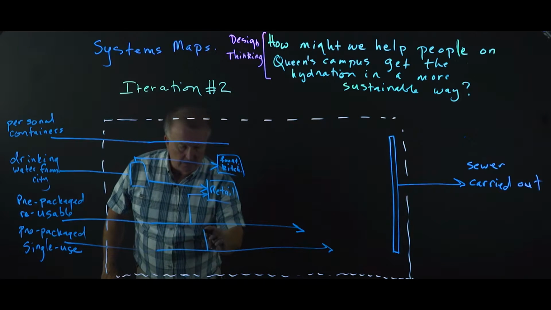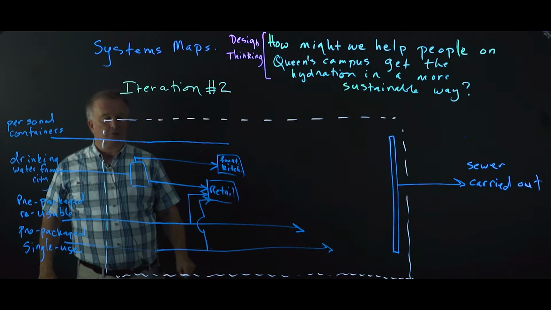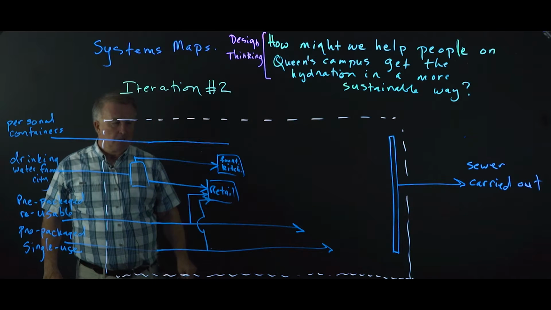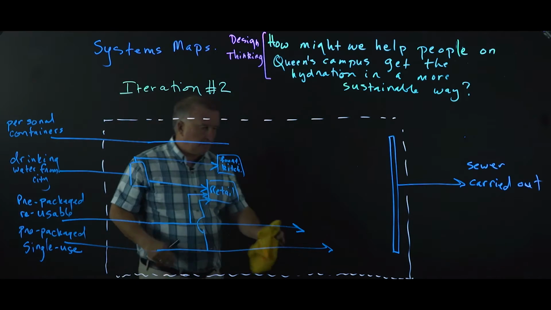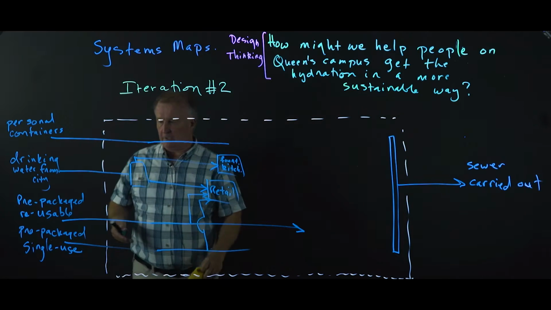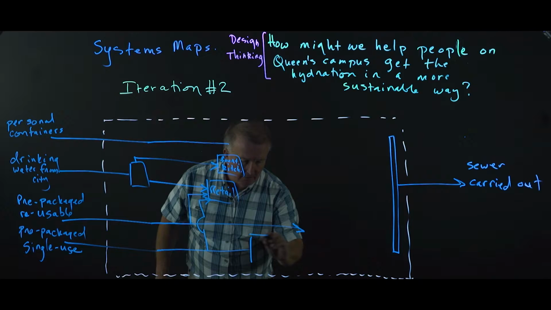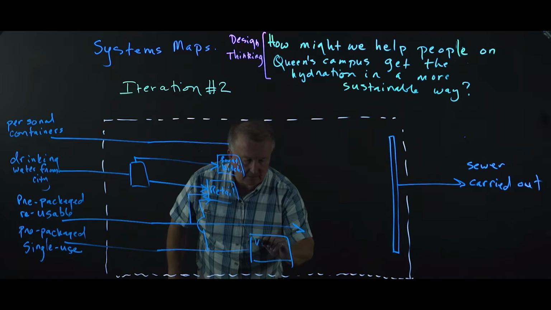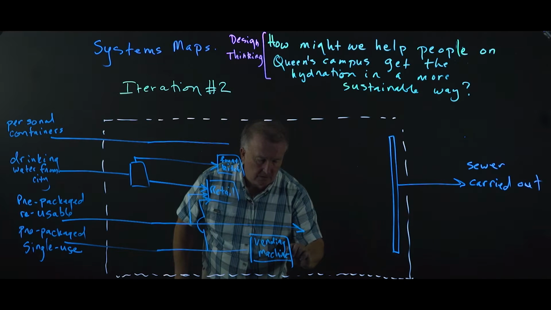Some of those are available through retail. But the other piece, and so I'm going to backtrack here for a minute, another really important piece is that prepackaged single-use containers are available through vending machines. Okay.